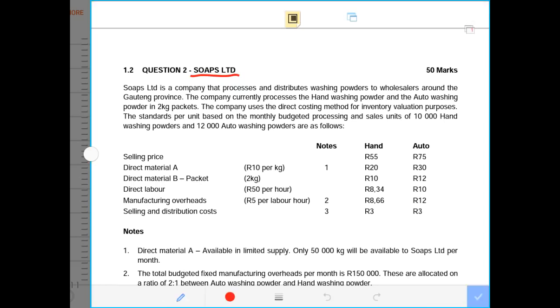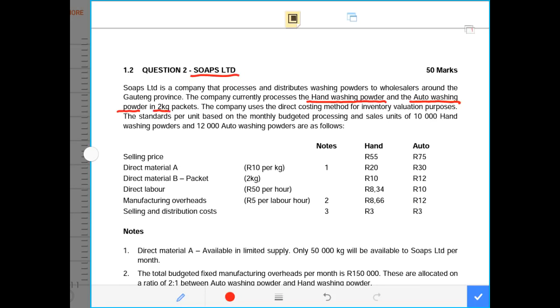So it says that SOAPS LTD is a company that processes and distributes washing powders to wholesalers around the Gauteng province. The company currently processes the hand washing powder and the auto washing powder. So they have two washing powders, hand washing powder and the auto washing powder, which is packed in 2 kg packets.